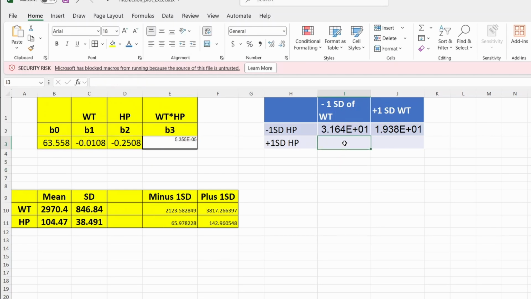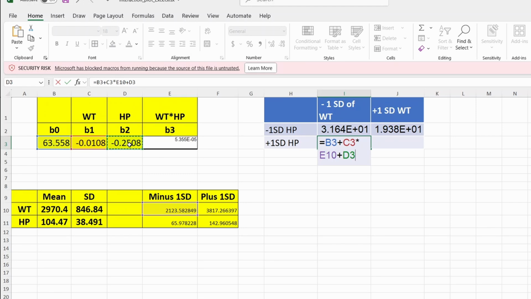Okay, and then the constant is the same. Yes. So the weight here is -1, and then the horsepower is +1, and then yes, these two.